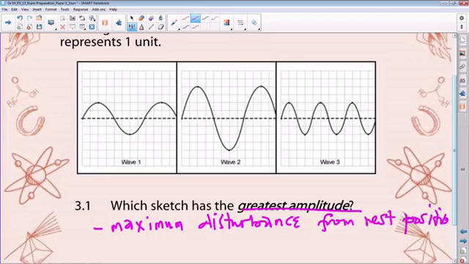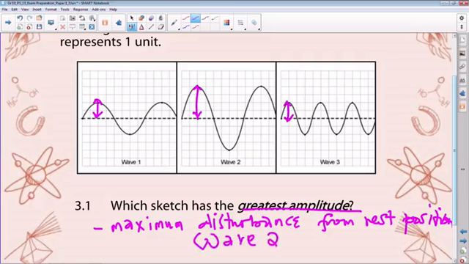So now we want the greatest. So this is the amplitude of wave 1. This is the amplitude of wave 2. This will be the amplitude of wave 3. So these boxes have been created such that we can easily count. So obviously wave 2 has the greatest amplitude.